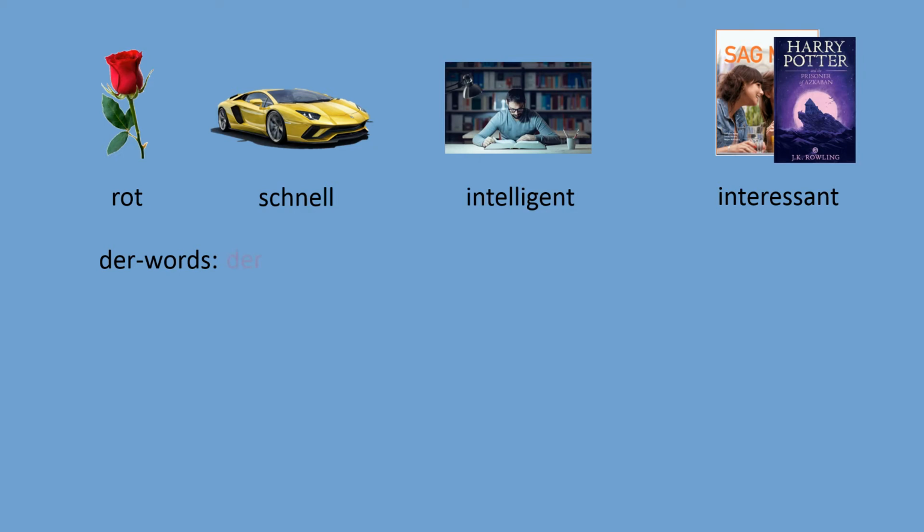Der words are our definite articles, der, die, das, and the other definite articles. Demonstrative pronouns, this one, dieser. Such words as jeder, every, jener, that, manche, some, solche, such, and welcher, the question word which.